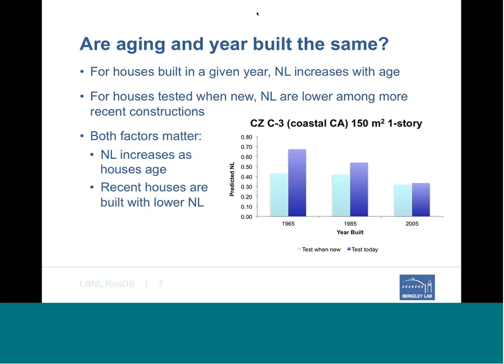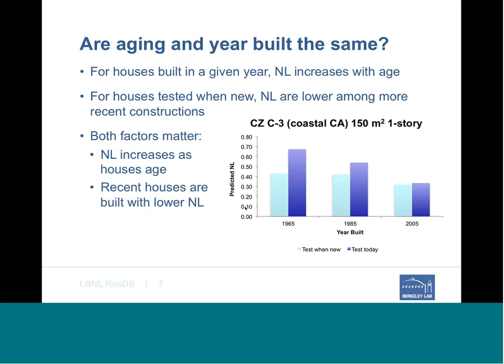I'm showing here on this chart some predictions based on our analysis, for a medium-sized or small-sized, one-story home in California. For those of you who are more familiar with air exchange rate at 50 Pascal, 0.6 normalized leakage is approximately ACH 50 of 10, and 0.3 is about 5.